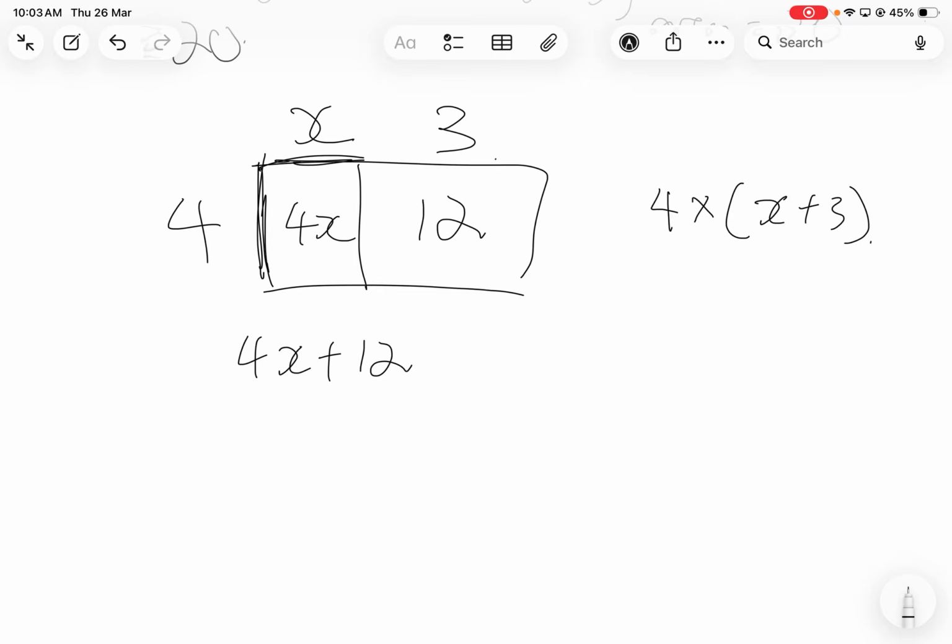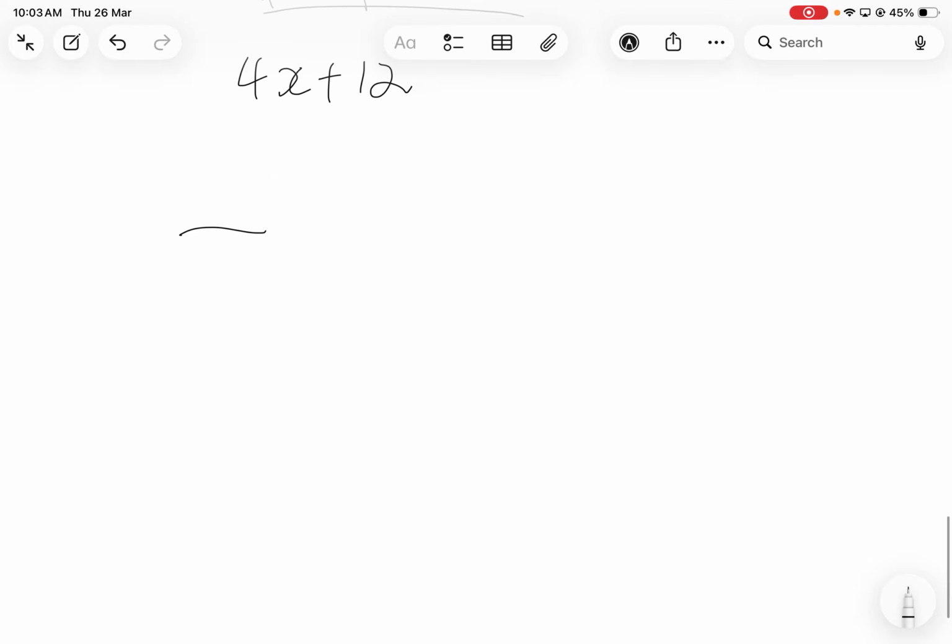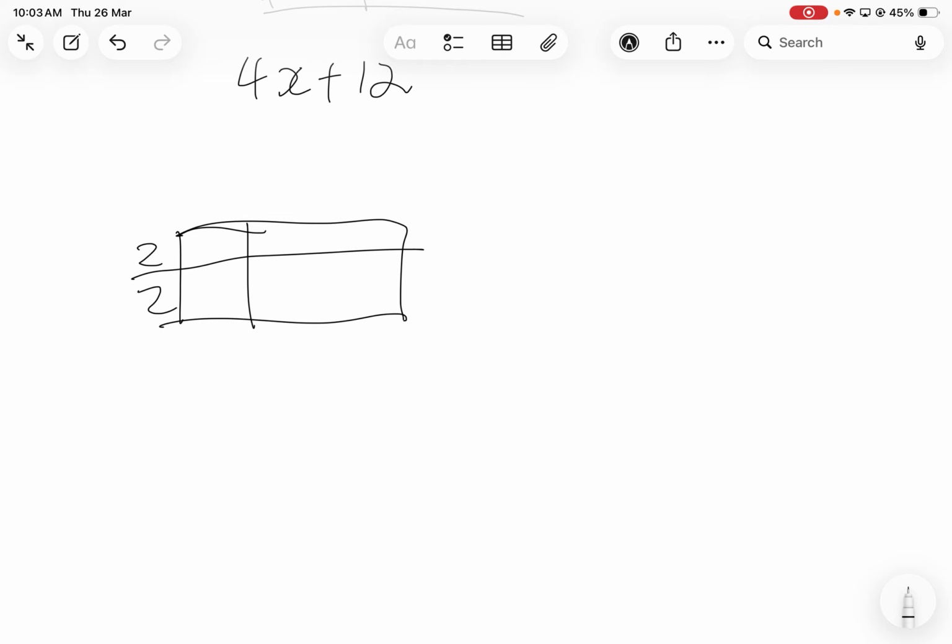Okay? Then one more step. If now I also don't like the number 4, can you see that the total area this time is made up by 2 plus 2 times 2 plus 3?